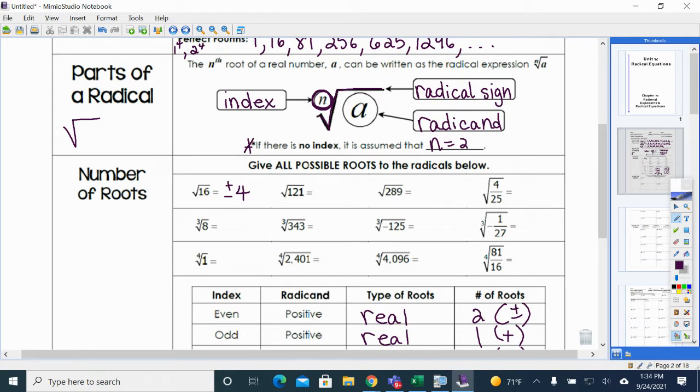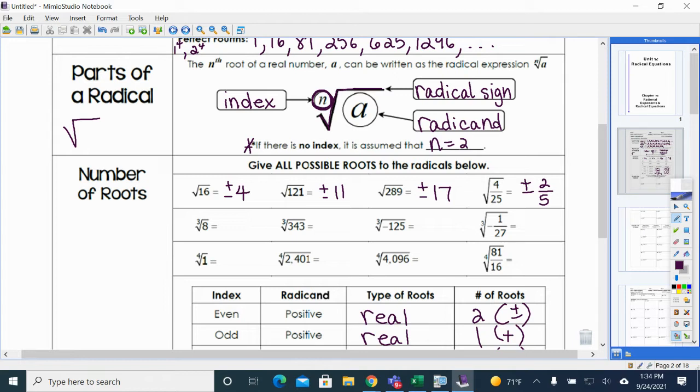When we square root a positive number, it can be a positive or a negative 4. Square root of 121, same thing, positive or negative 11. Square root of 289 is a positive or negative 17. And the square root of 4/25 is a positive and a negative 2/5. And that's for a square root.